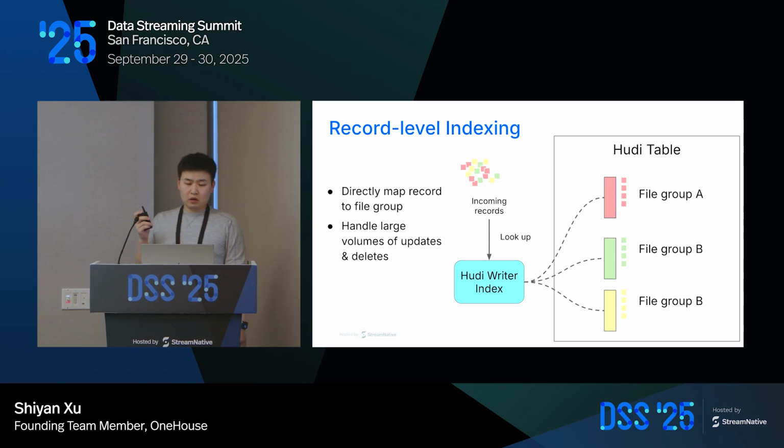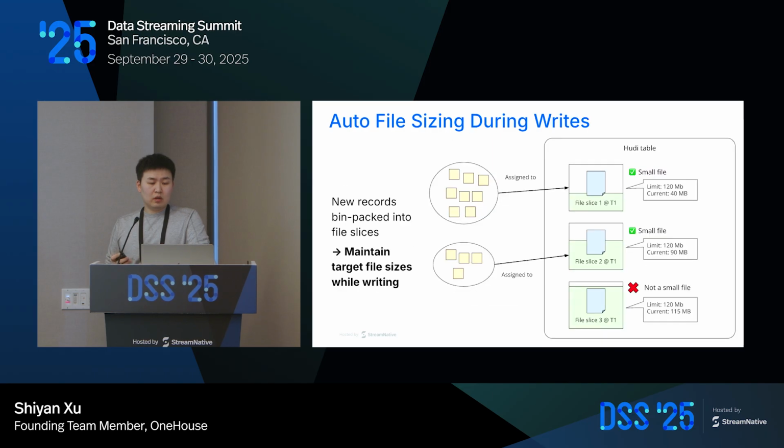On the right side diagram, you can see there are three examples of file slices. The first two have been identified as small files because the green sections indicate the current size of the file slice, while the white section and green section together indicate the total target size.